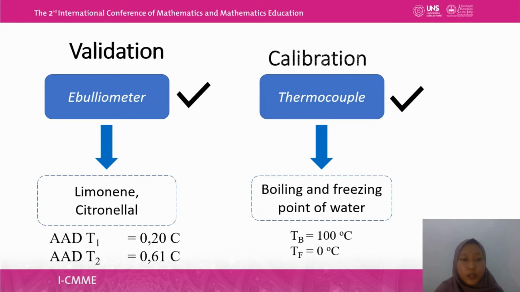In validation, we get an average absolute deviation temperature of limonene of 0.2 Celsius and average absolute deviation temperature of citronellal of 0.61 Celsius, and then for calibration we get the boiling point of water as 100 Celsius, and for the freezing point of water we get 0 Celsius.